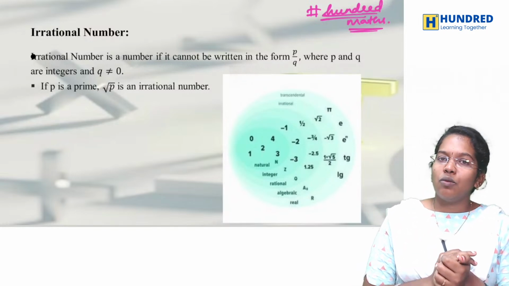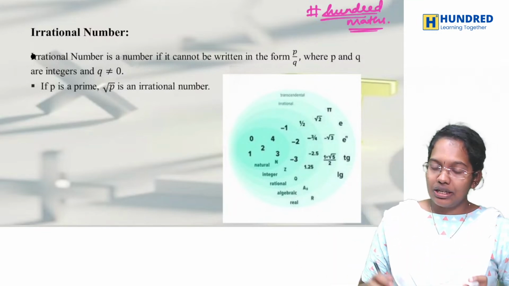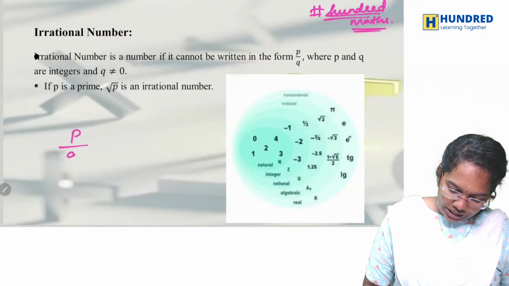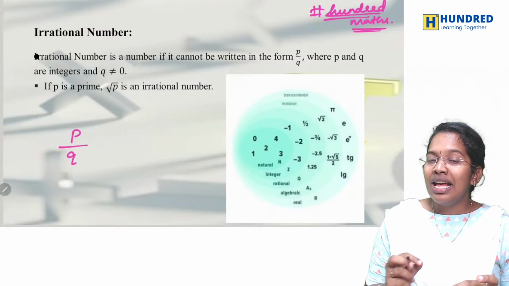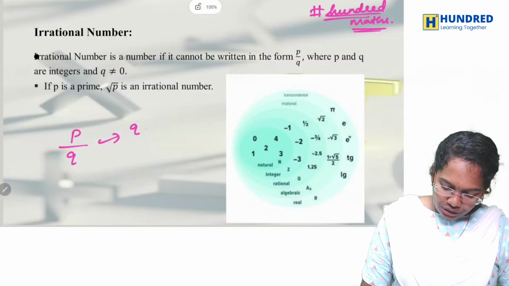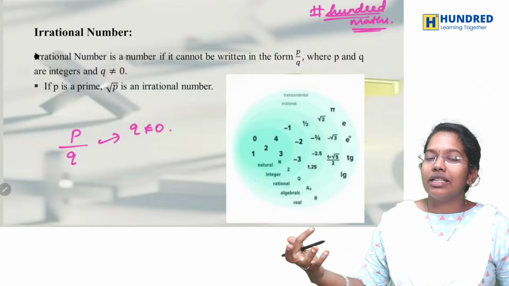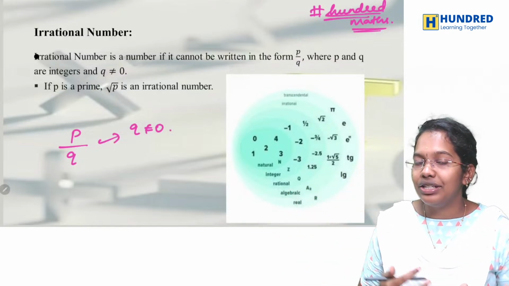Okay. So what is actually meant by an irrational number? You know what is a rational number, right? Rational numbers will always be of the form p by q, and this will satisfy 2 conditions. The first condition is q should not be equal to 0, because if it is 0, then the number does not exist. It will go towards infinity, right?